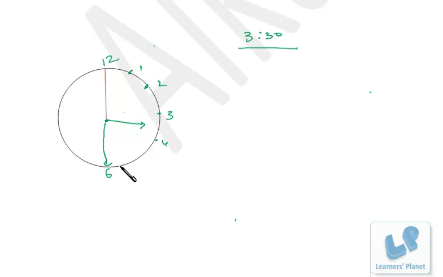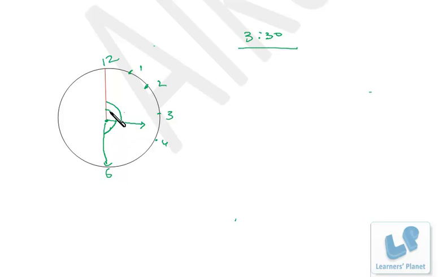Agreed? Now there are various methods to calculate the angle between these two. The first thing which I discuss over here is, what I would do is this complete angle minus this angle will give us the angle between these two. Yeah, this complete angle minus this angle is the angle that we require, right?